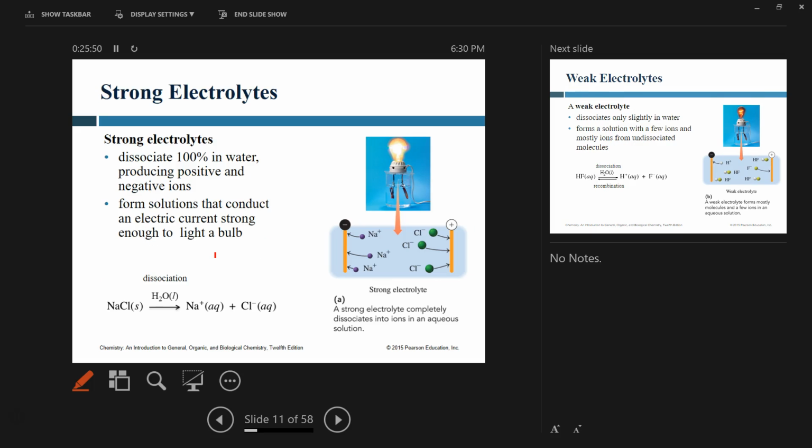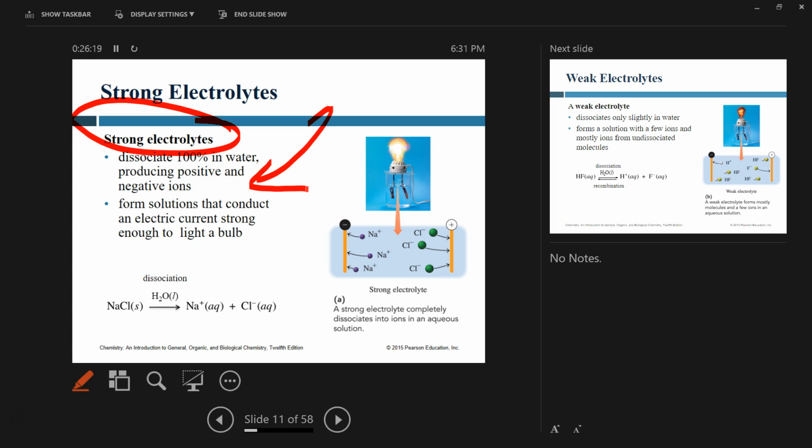So, electrolytes can be strong, can be weak, and there are chemicals that are not electrolytes at all. Strong electrolytes completely dissociate in water. And in this situation, the word dissociate doesn't mean that they split into individual molecules.